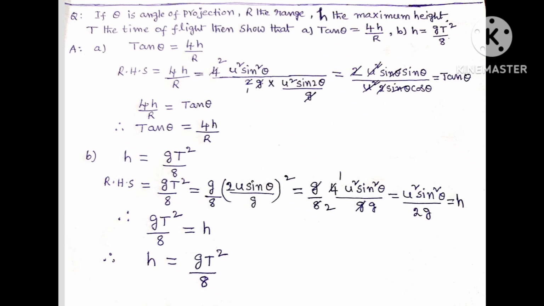When we solve the above equation, we get tan theta. Therefore, 4H by R equal to tan theta. Therefore, tan theta equal to 4H by R.